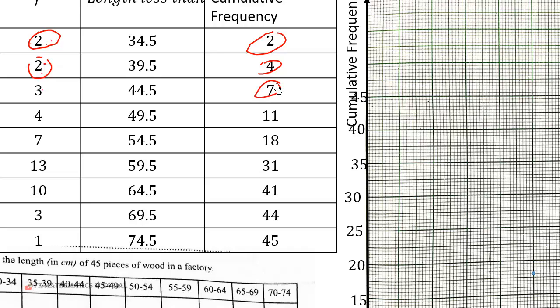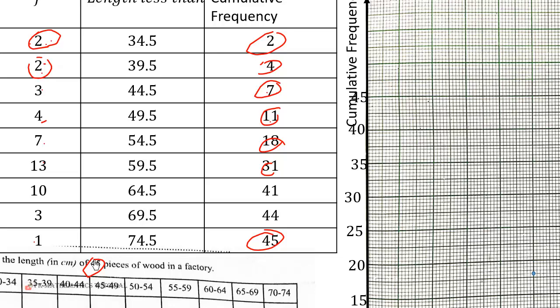To make it quick, just add this to this: 4 plus 7 is 11, then 11 plus 7 is 18, 18 plus 13 is 31, up to 44 plus 1, which is 45. Always the final one should be equal to the total frequency.